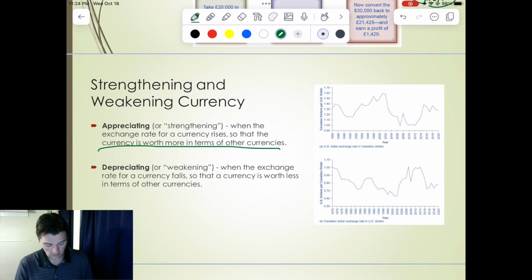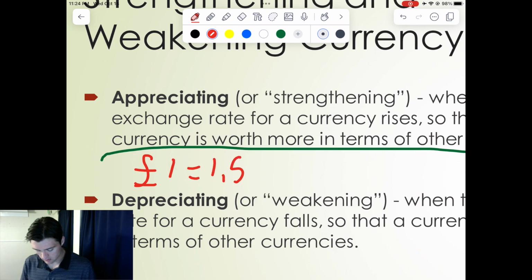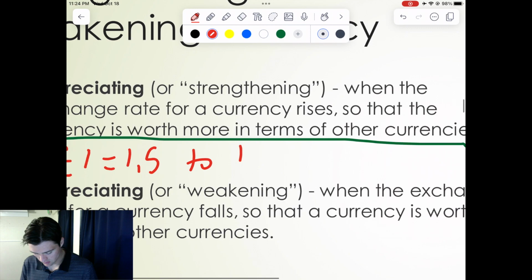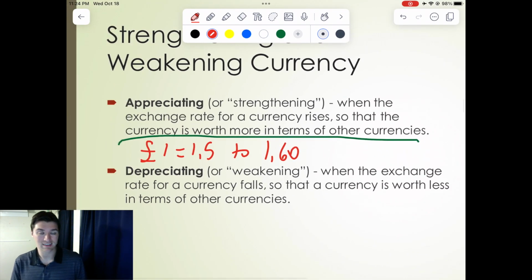So basically, when the British pound goes from $1.50 to $1.60, this means the British pound is appreciating, because you're able to buy more dollars with the pound.